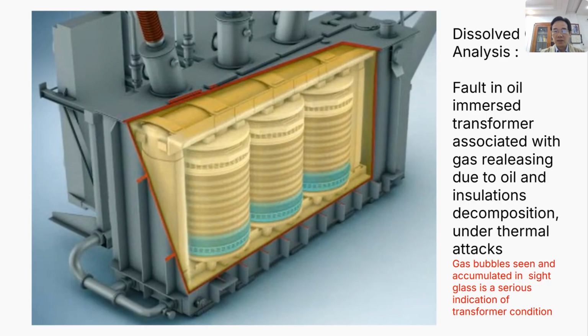Why do we do this? Because almost all the failures or problems, the faults inside the transformer will relate to high temperature. Inside the transformer we may have a hot spot. We may have a loose connection, causing higher temperature on the connection point.